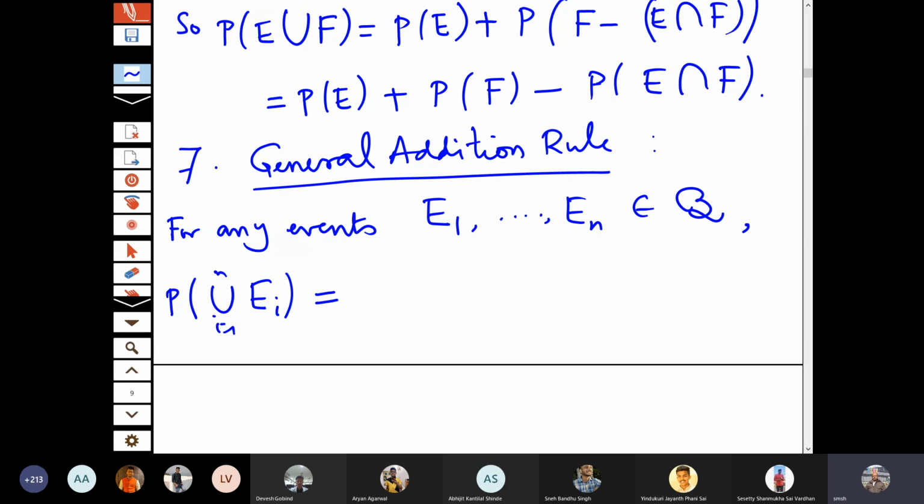For any events, if I have n events, what is the formula for the probability of the union?